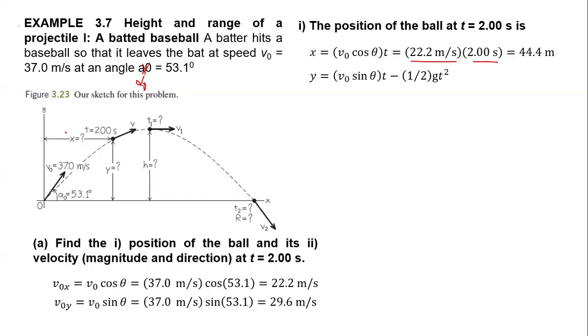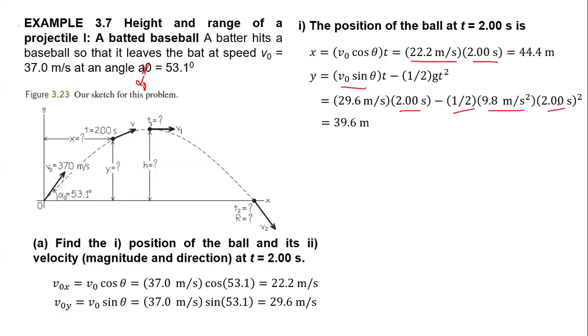For y, you use this formula. We already calculated this: 29.6 meters per second times 2 seconds minus 1/2 times 9.8 meters per second squared times 2 seconds squared. So your y coordinate is 39.6 meters. After 2 seconds, that is your x and y coordinate.